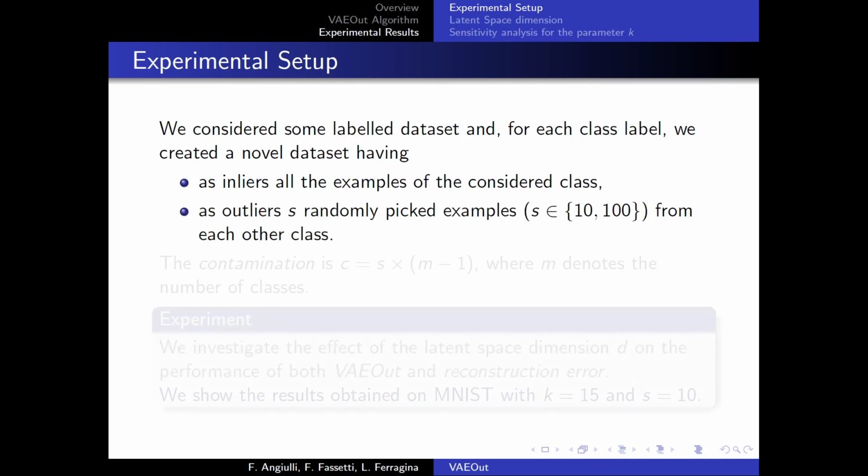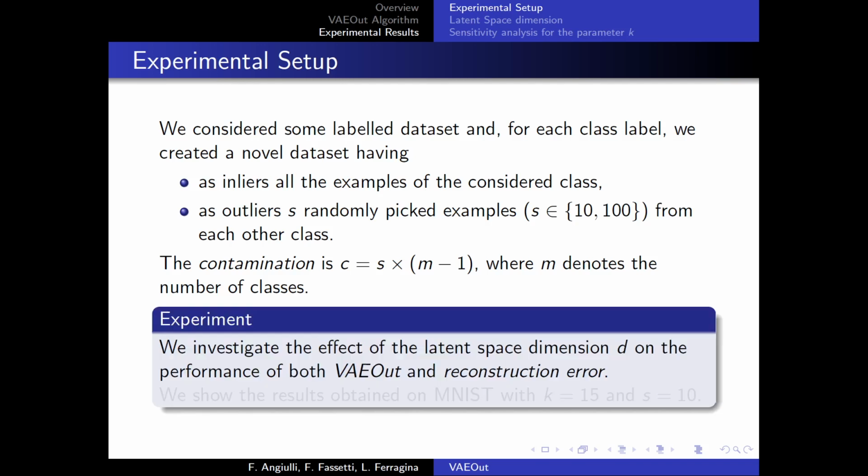Usually we set S equal to 10 or 100. The contamination of this dataset, that is the number of outliers, is equal to S times m minus 1, where m denotes the number of classes.